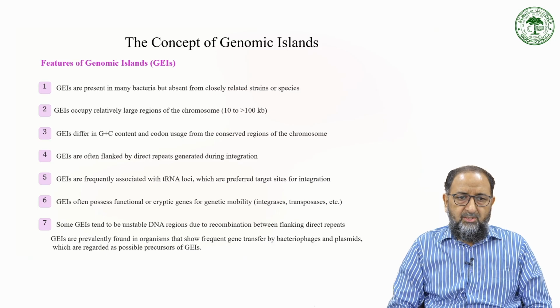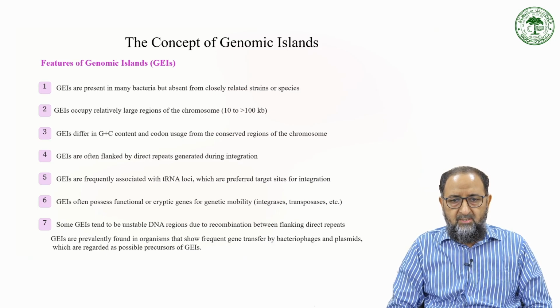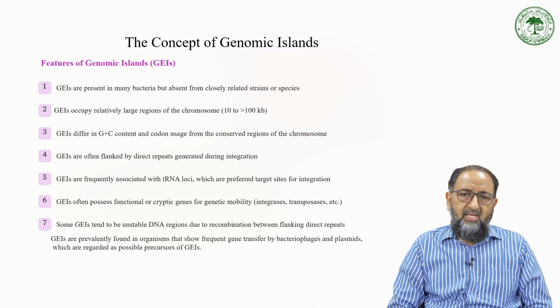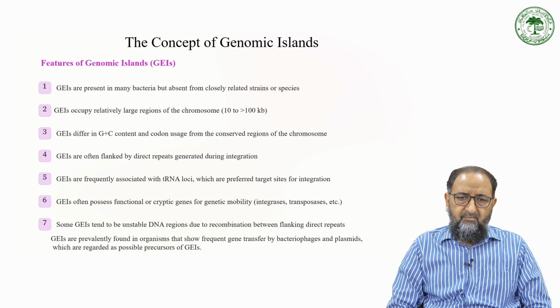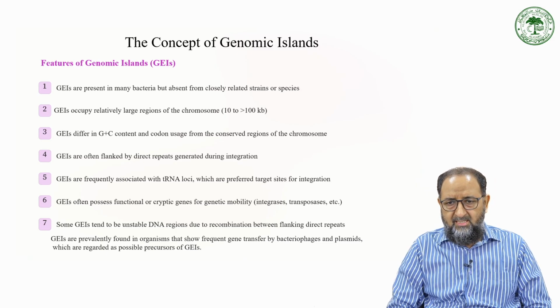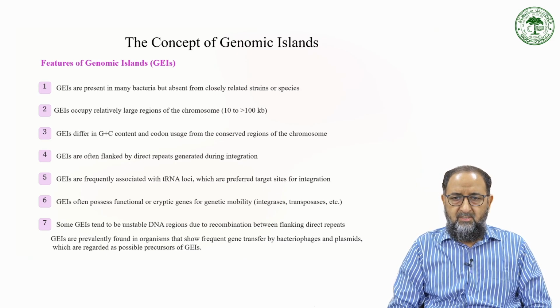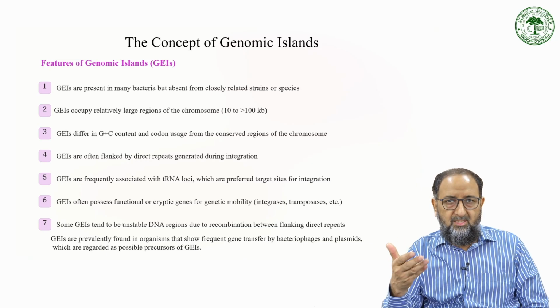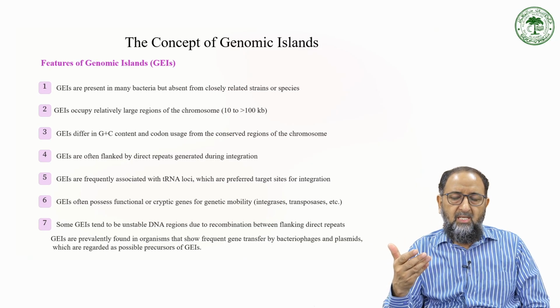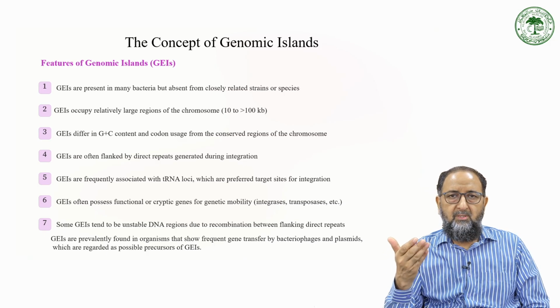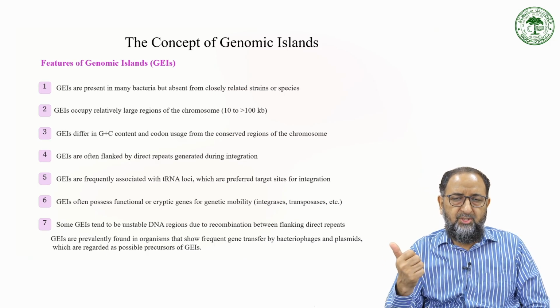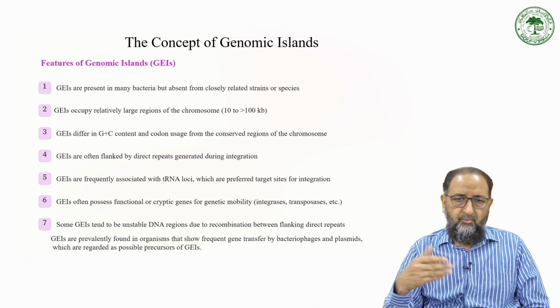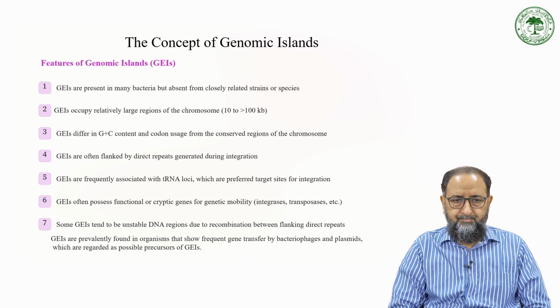All right. Now GEI often possesses functional or cryptic genes for genetic mobile elements, such as integrase and transposon. So here we can talk about how the integrase and transposases, which are the enzymes carried by these IS elements, are carried by these mobile elements, which help in deletion or integration of these genes in the genome of the bacterial chromosome.